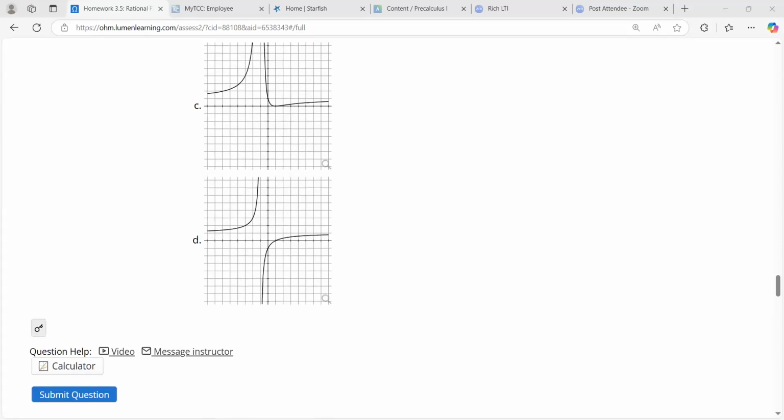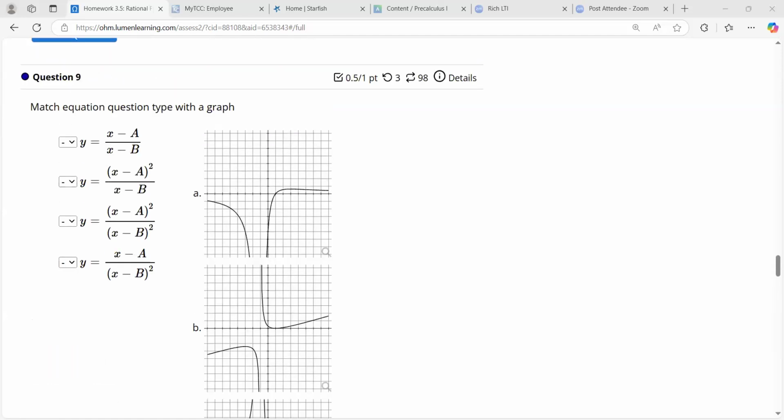This one has a vertical asymptote here and a horizontal asymptote at y equals 1. The horizontal asymptote matches, and the shape also works because when the top and the bottom both are linear, it's going to look like a hyperbola. So this one is D.